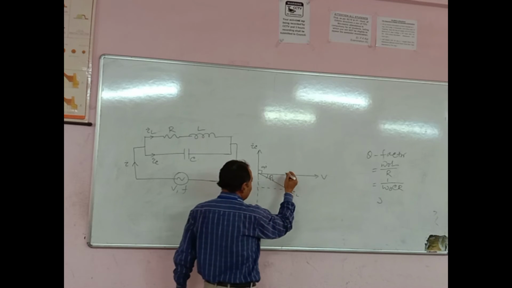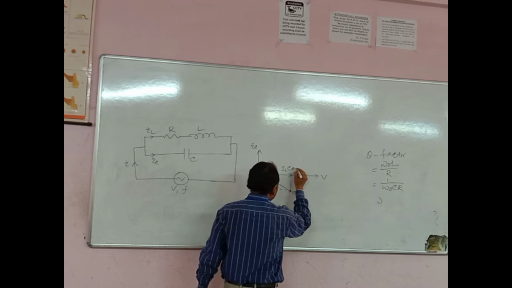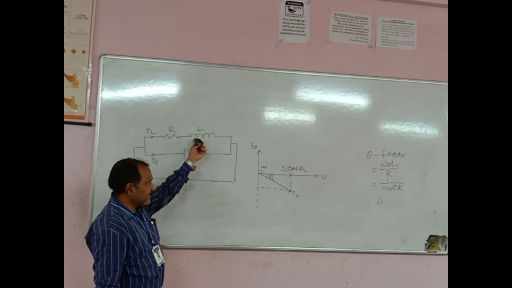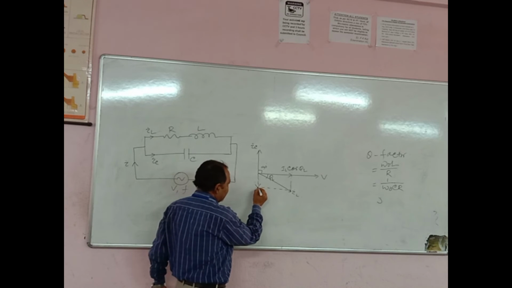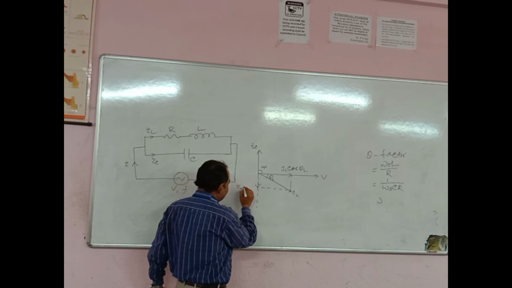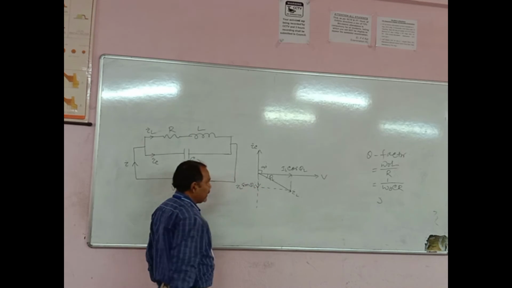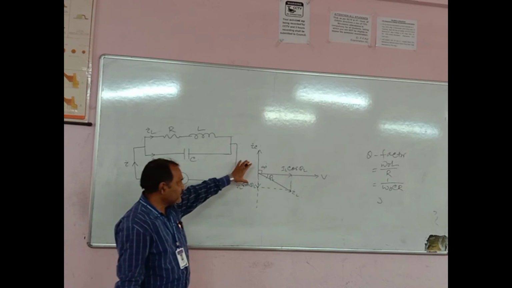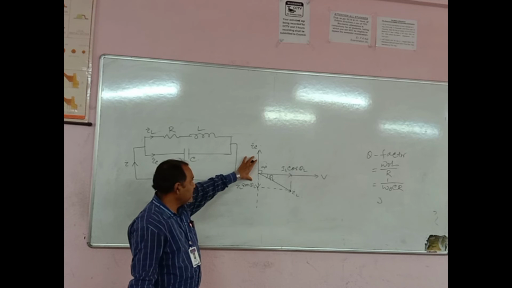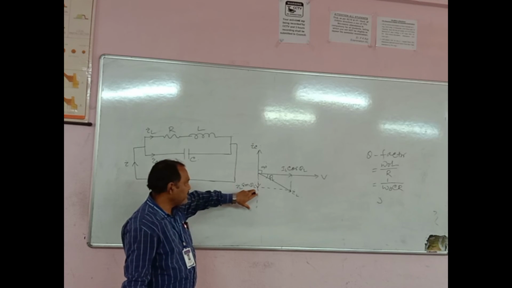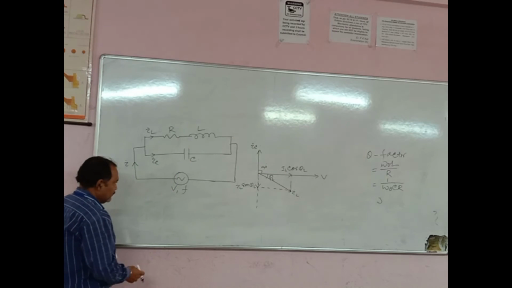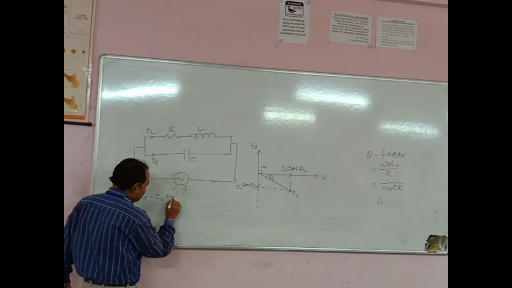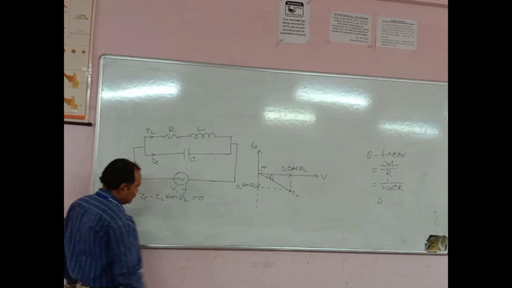So this will be IL cos phi, the active component of the RL circuit current, and the reactive component of that current is IL sin phi. Now, the condition for resonance to occur is that the net reactive current should be equal to 0. So net reactive current means IC minus IL sin phi. Therefore, for resonance to occur, IC minus IL sin phi should be equal to 0.